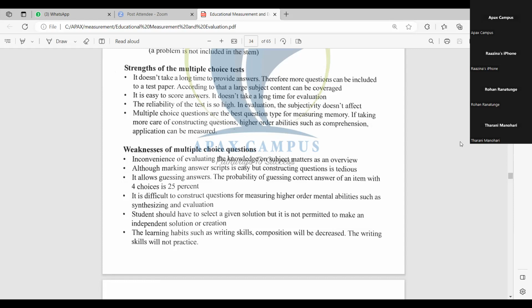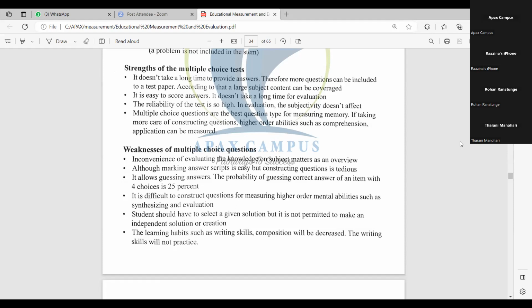Now just imagine that you have to prepare a question and at the same time 4 options, out of which only one is correct and the other 3 are wrong. Still, even though they are wrong, they should appear correct. Right? So this is a hard task, and you are supposed to prepare about 40 questions from different areas of the syllabus. It's difficult.